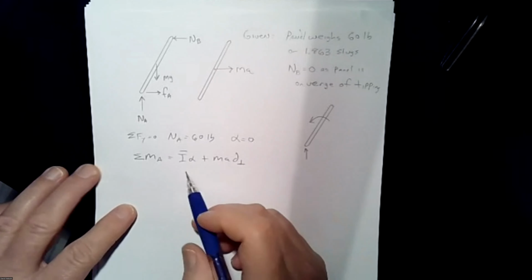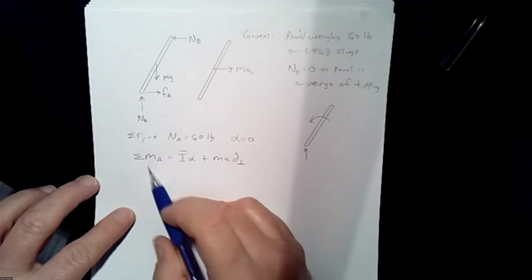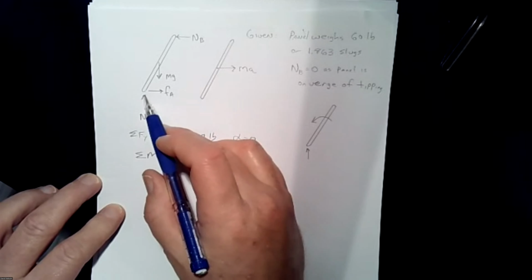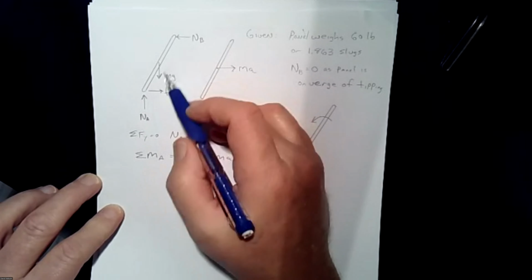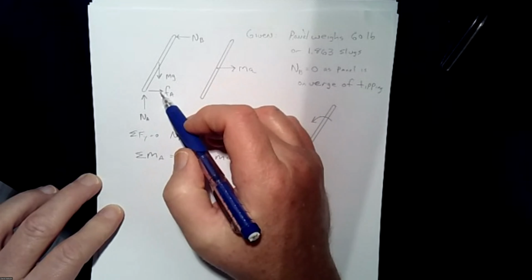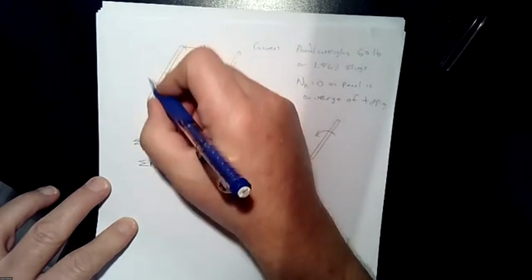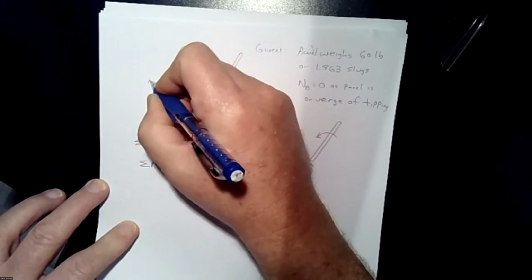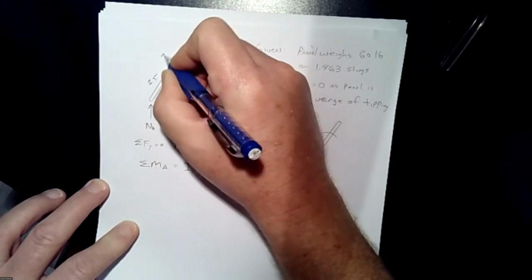And so what are the sum of the moments about A? The only moment at A, since this is 0, is mg times the distance. This was 60 degrees, and this is 2.5.